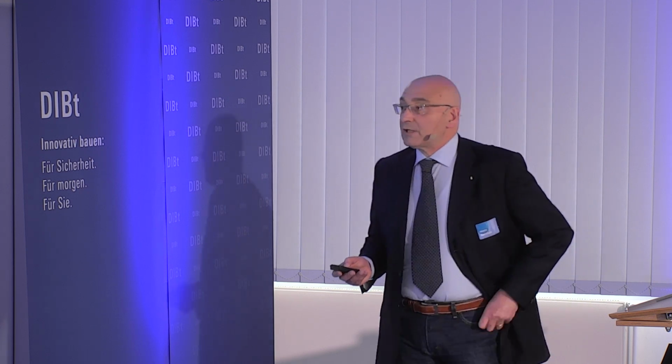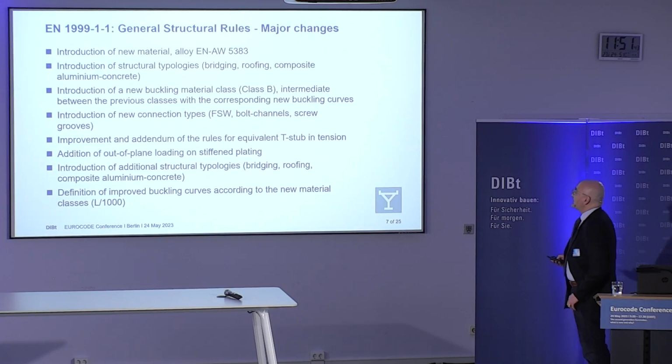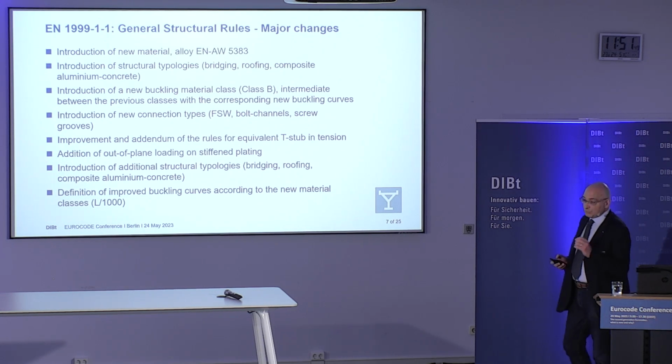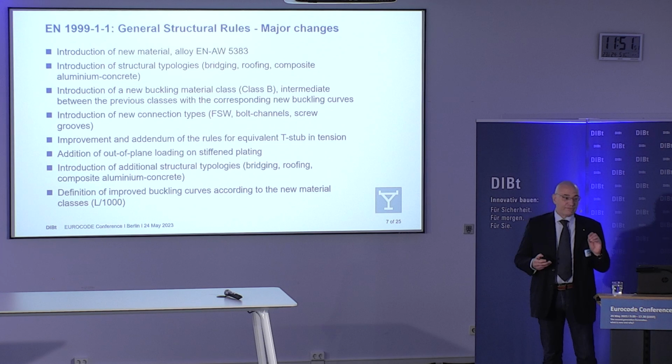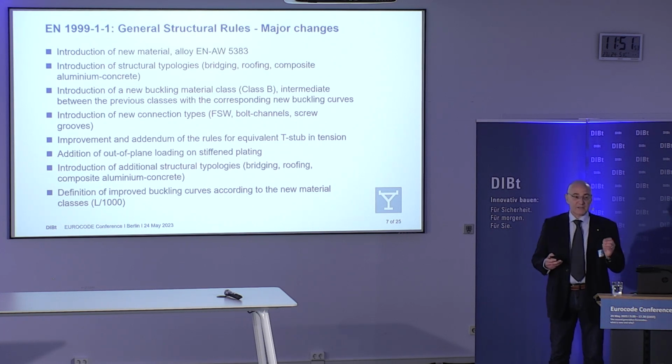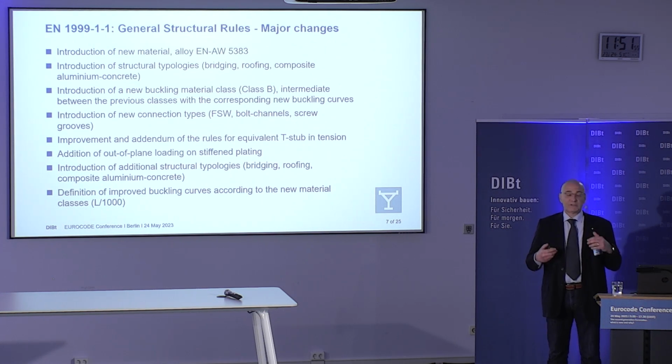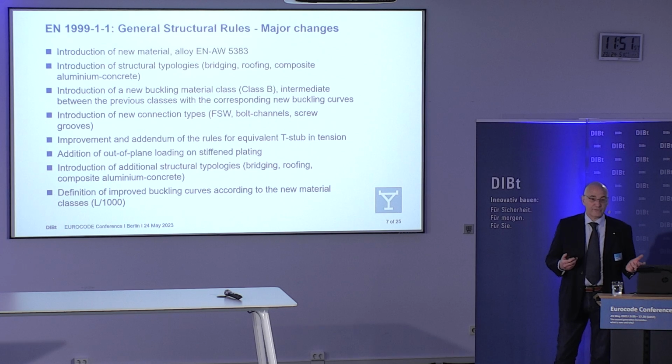We also considered the new connection types, namely friction stir welding, ball channels, screw grooves, and so on, in order to strictly follow the peculiarities of aluminium from the technological point of view.